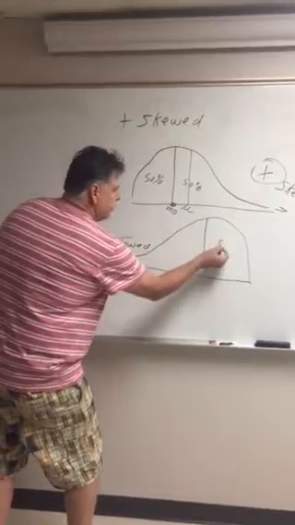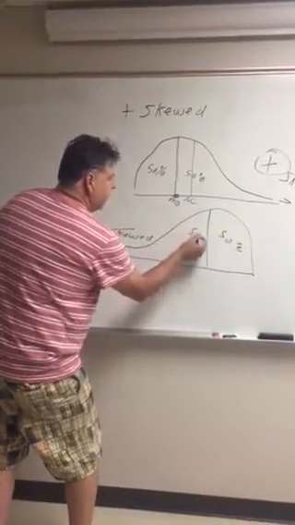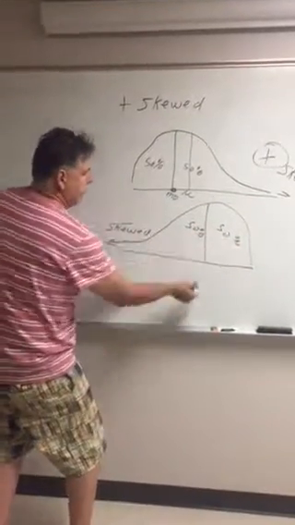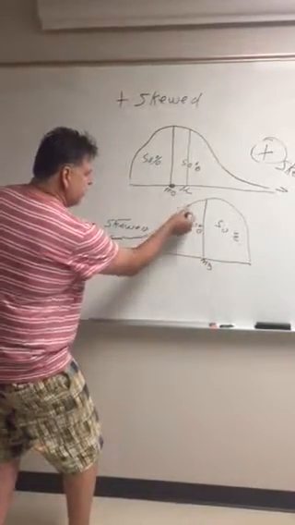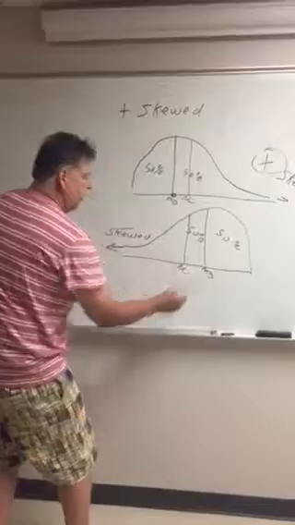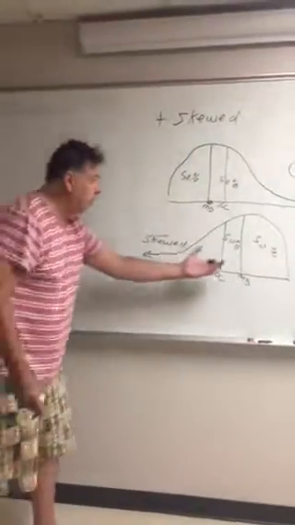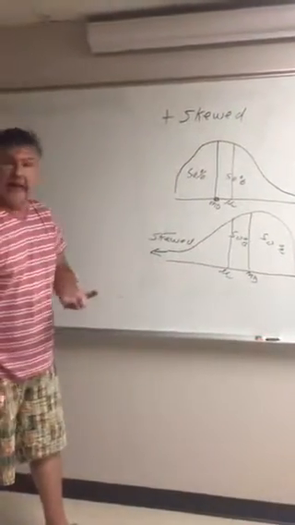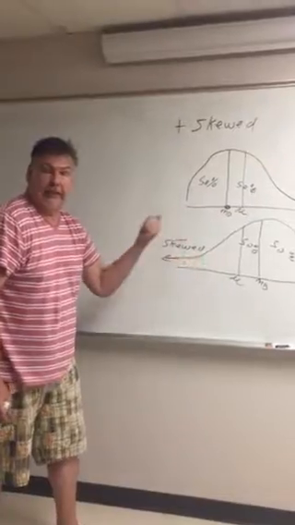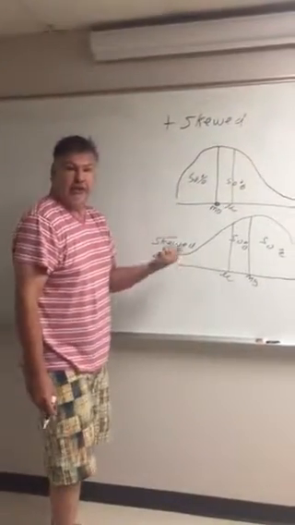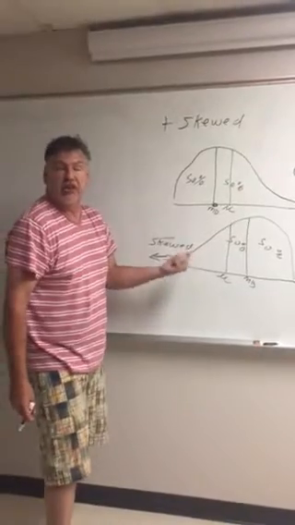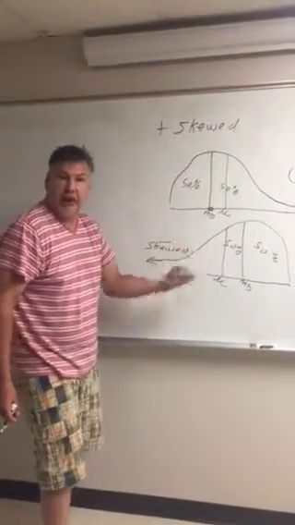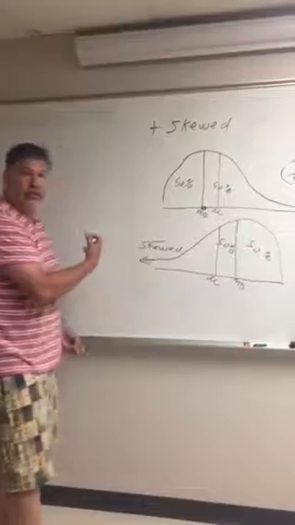Median, 50%, 50%. My mean is being pulled in this direction, so my mean may be over here somewhere. Never a good idea to use the mean as a measure of central location when you have skewed distributions, because it is not a good indicator of the true average, because it's being pulled in a direction.